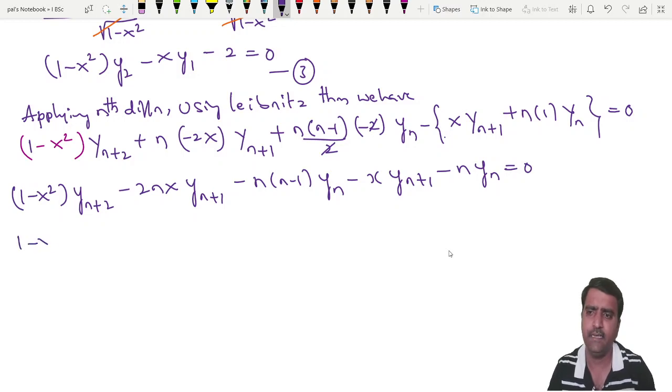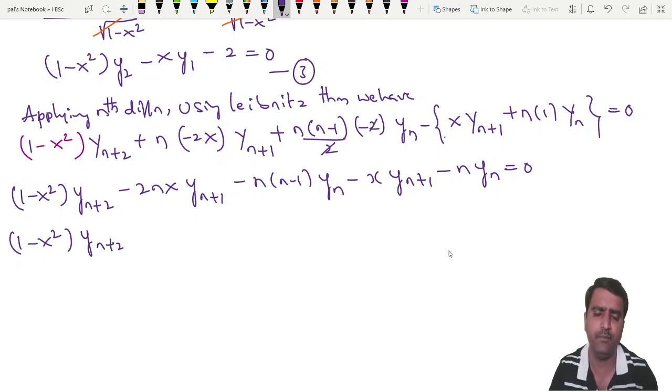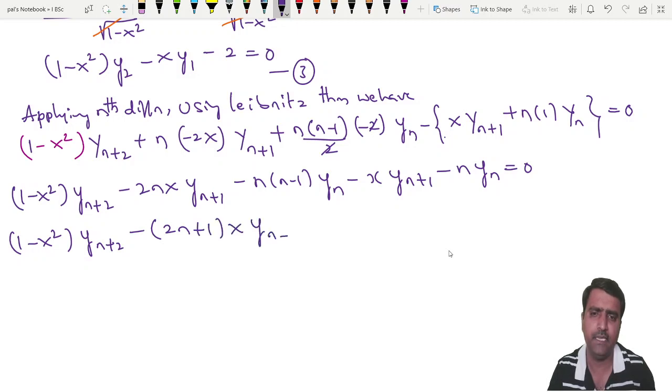Simplifying this again, it is 1 minus x square into yn plus 2, and take yn plus 1 as a common factor, and x also as a common factor, then it becomes minus of 2n plus 1 into x into yn plus 1.